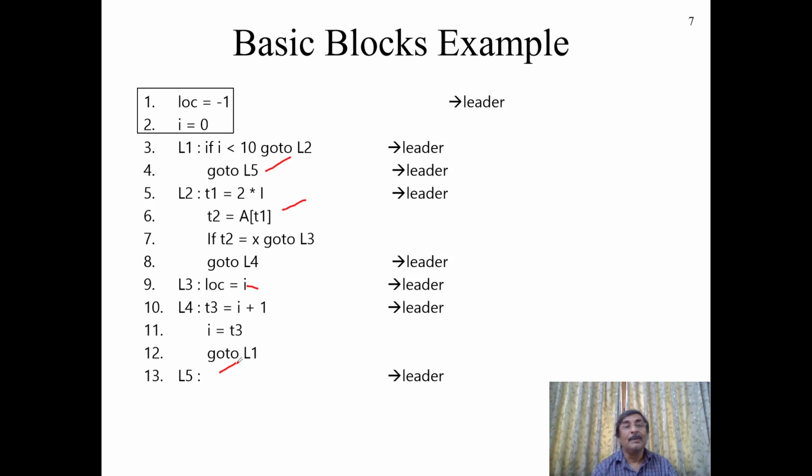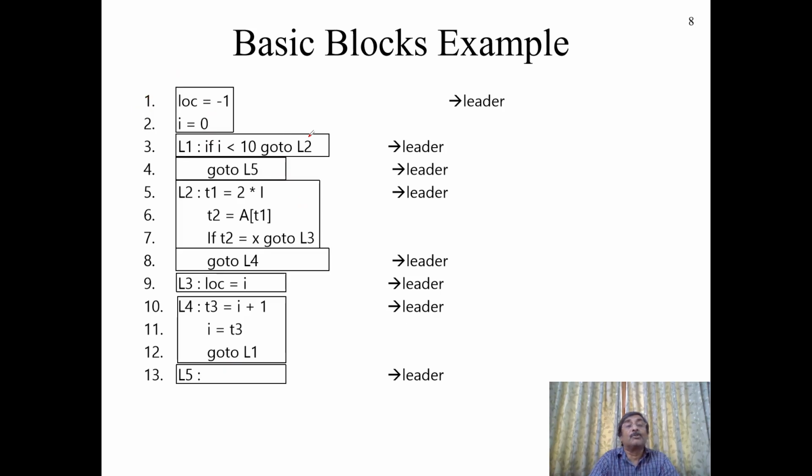So how do the blocks look like now? Leader to leader. So this is the first block, as you can easily see. Leader to leader. Next block will be this one. Leader to leader. Now leader to leader. This block.